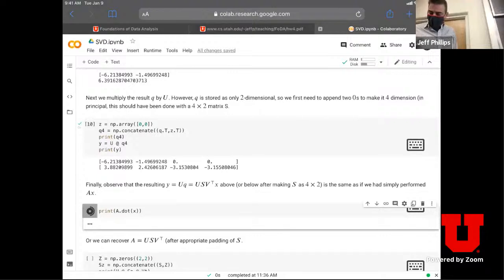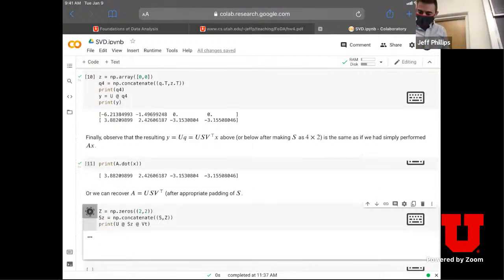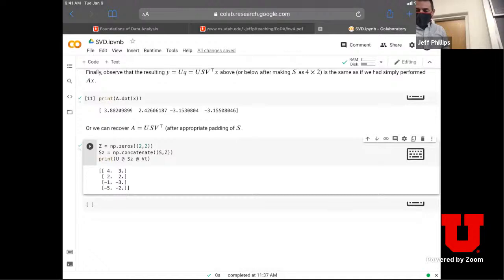We can check that this is the same thing I get if I just multiply by A. A dot X, I get back the same as if I did it by the pieces. Okay, and one more thing to check. If I concatenate the zeros back onto S and multiply these three matrices back together again, I actually recover A. Okay, so that's a little insight into the Python.